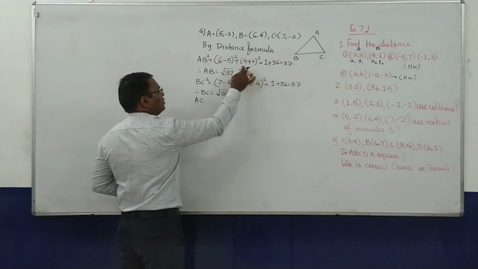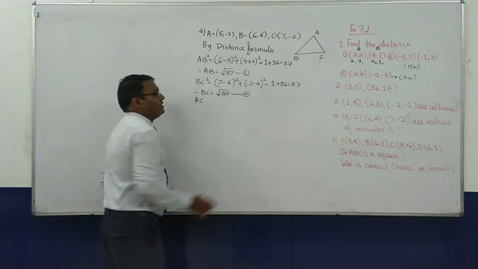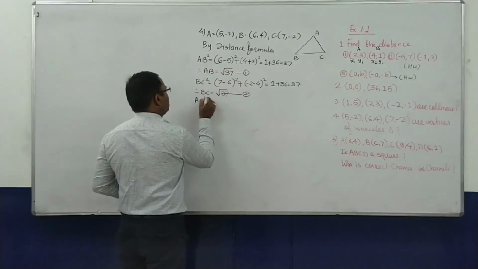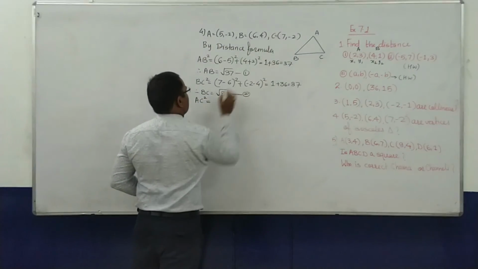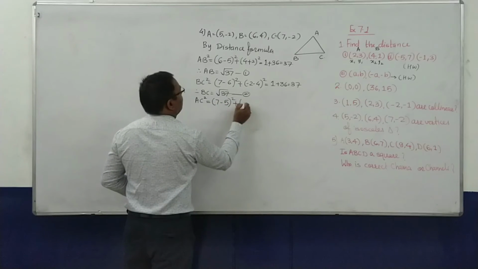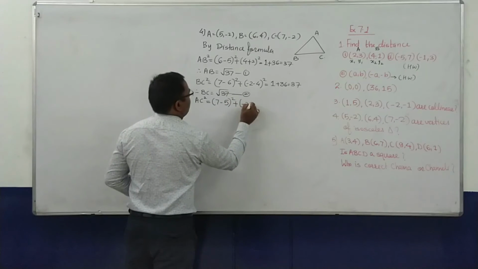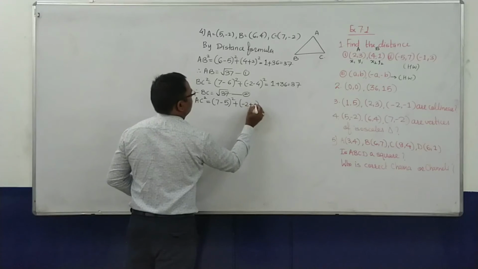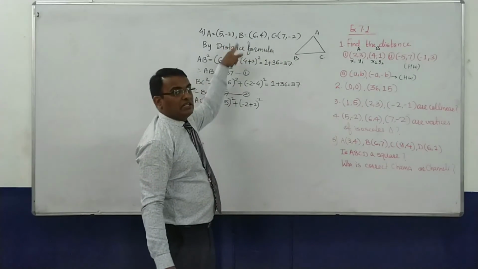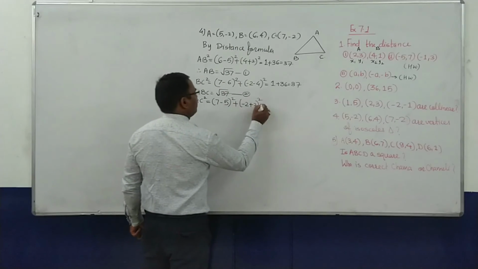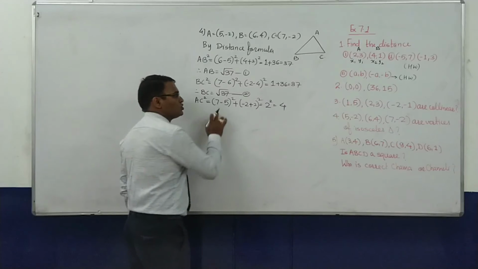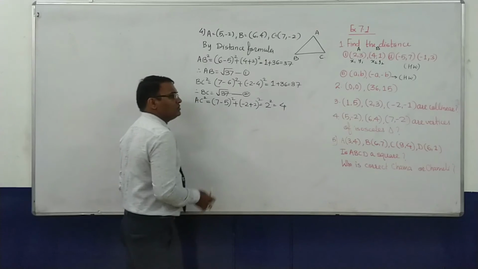Now we got that two sides are same, so it will be isosceles but can be equilateral. Let's find out the third one. AC square, AC. So (7 minus 5) square, then (minus 2 minus of minus 2) square, because minus 2 minus of minus will become plus 2. So it will become 2 square, which means 4, because 7 minus 5 is 2, 2 square is 4, and this will be 0.